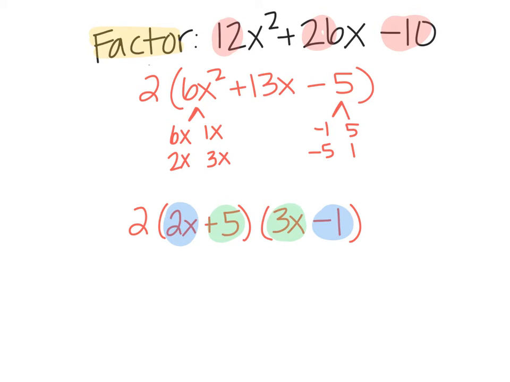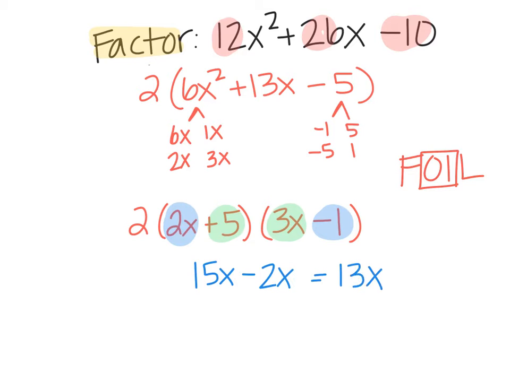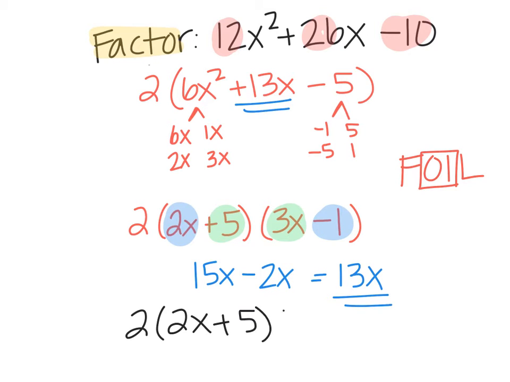So if I check with the outside inside part of FOIL, I can check my middle term. So we would get 15x and then negative 2x, which will give us 13x. So that becomes your middle term, which is what we're looking for right here. So our final answer would be 2 times 2x plus 5 times 3x minus 1.